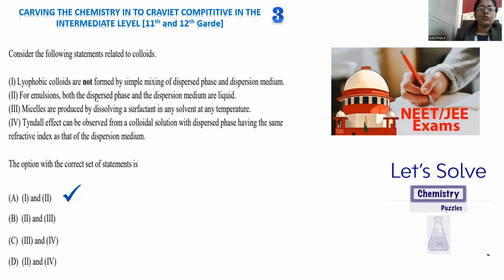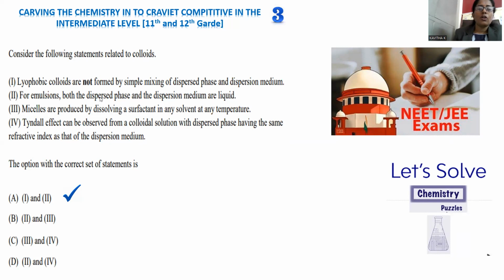For emulsions, both dispersed phase and dispersion medium are liquids only. Micelles are produced by dissolving surfactant in any solvent at any temperature. Tyndall effect can be observed from a colloidal solution with dispersion phase having the same refractive index as dispersion medium. From these, we need to identify which are the correct statements.